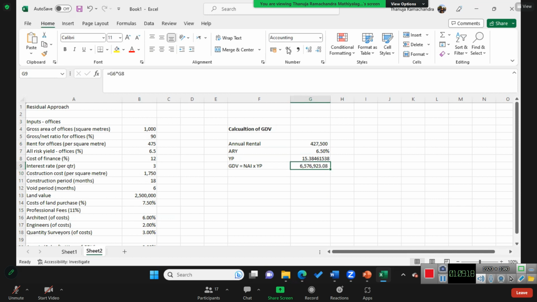What is the difficulty in finding this? What is the issue in calculating the GDV?